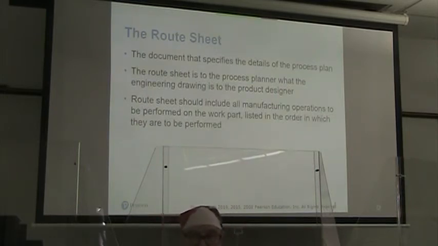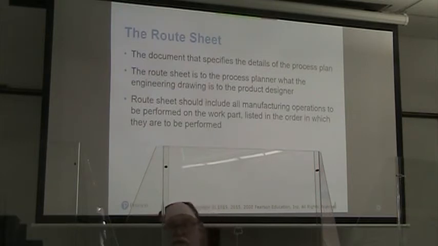All right, so route sheets. I've talked about route sheets before in this class, and they are very important to get our parts from A to B to C to D, et cetera, et cetera. So it's a document that specifies the details of our process plan.